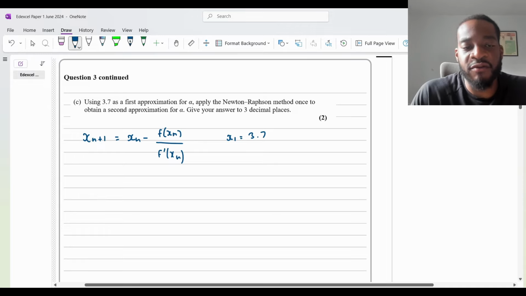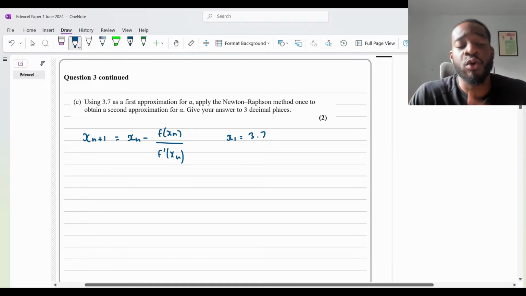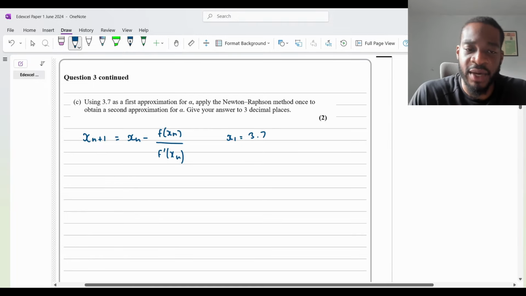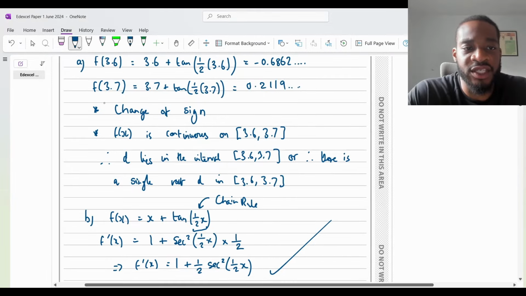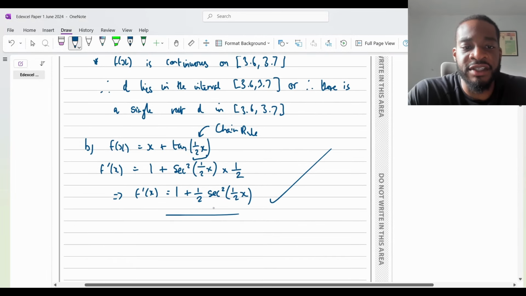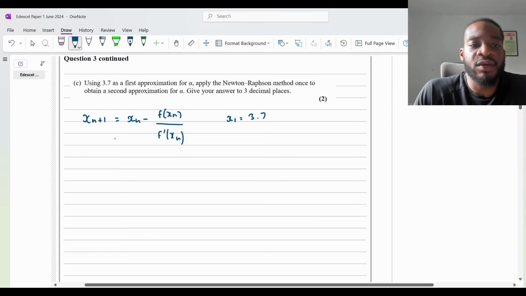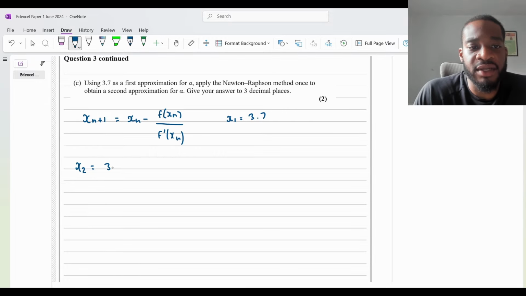And obviously, this part of the formula has the function and the derivative, which is what we saw in part B. We differentiated it anyway. So we're just going to plug in 3.7 into our function, which we actually did in part A, and into our derivative. So let's see what that would be. It's going to be x2, which is what we're looking for. It's going to be 3.7 minus f of 3.7 over f dash of 3.7.